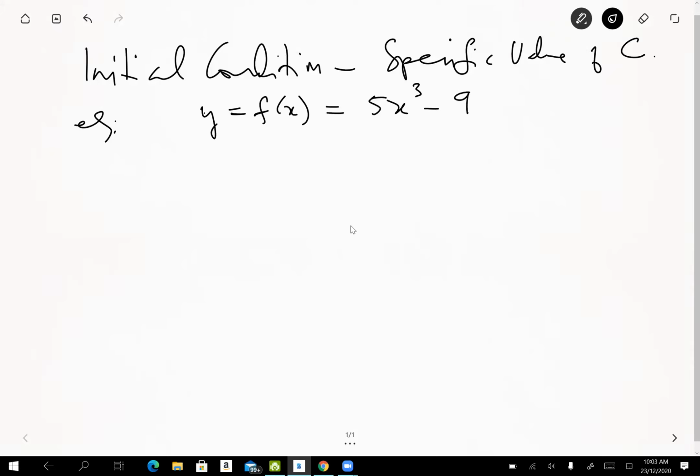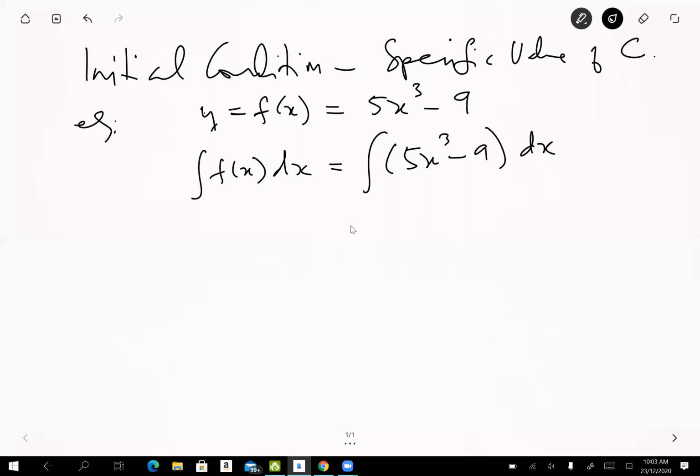So you integrate f of x, the integral of 5x cubed minus 9 dx. Integrate that, and you will get a C.